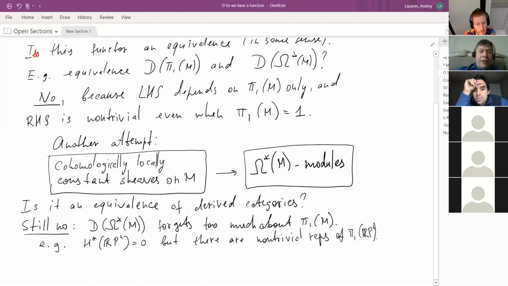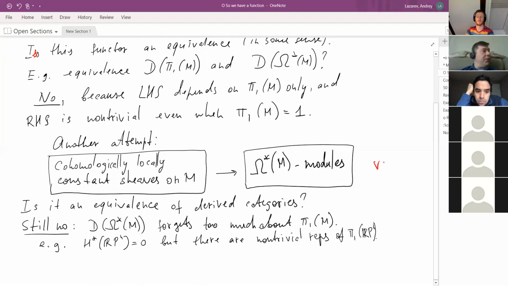Okay, here's another attempt. Let's replace the left-hand side by cohomologically locally constant sheaves on M. And what do I mean by that? A cohomologically locally constant sheaf is not really a sheaf, but a complex of sheaves.